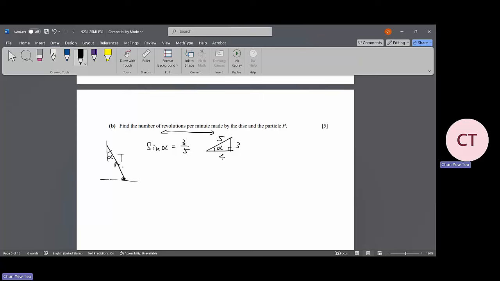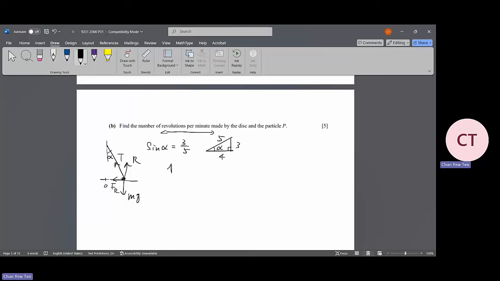That is your tension T. This is your mg. This is your R. And this is the O. You are moving in this direction, and the point of slipping is away from the O. That means you have a frictional force, because the surface is rough, and the frictional force will go this way.